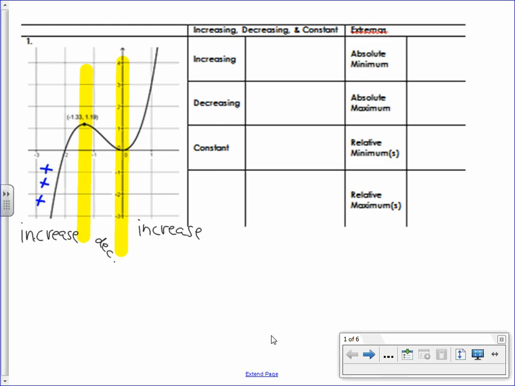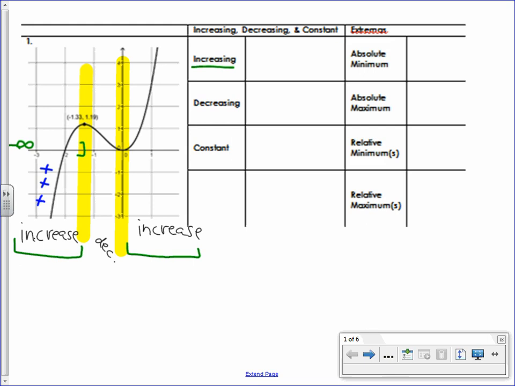So if we're only talking about places where he's increasing, I need to talk about the interval right here and the interval right here. The two places where he's increasing, okay? So if I'm only focusing on just that left side, that means he is increasing for all x values from negative infinity until he gets to right here.